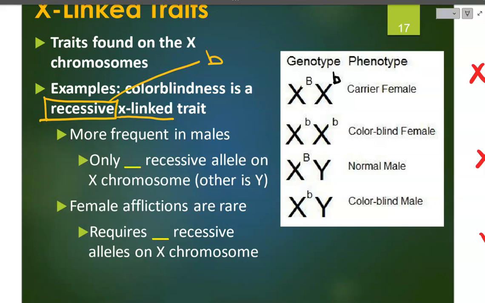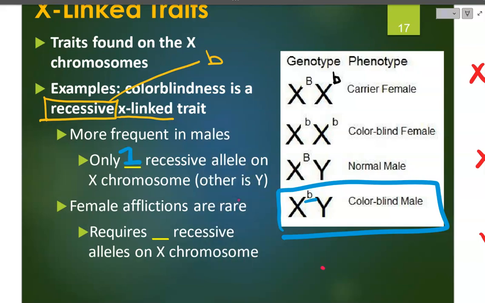Now, in a male, it tends to be more frequent because a male would only need to receive one recessive allele in order to display the trait. So this is a colorblind male. As long as he has that one recessive allele, the trait for colorblindness, he will be colorblind.